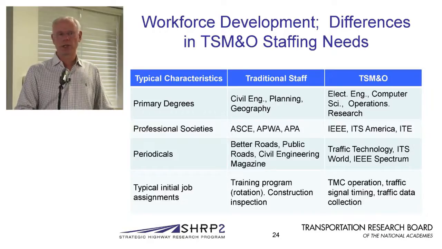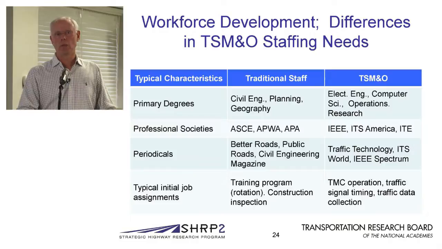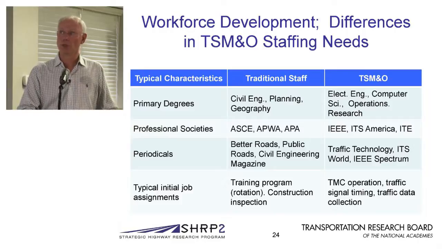But if we think about the kind of things that TSM&O, or more specifically ITS, require, if we talk about surveillance, communications, IT and data processing, then we're really talking about things that aren't necessarily covered very well as part of a civil engineering curriculum.